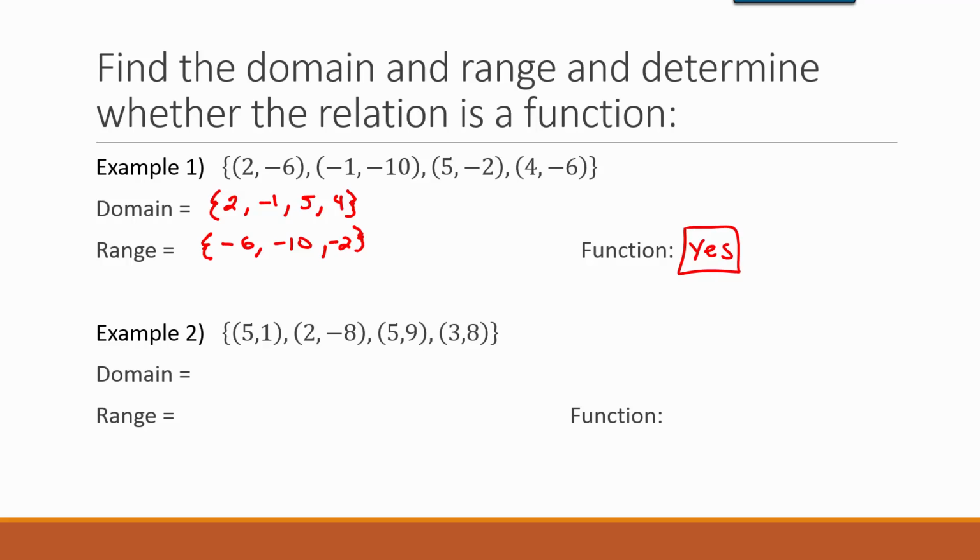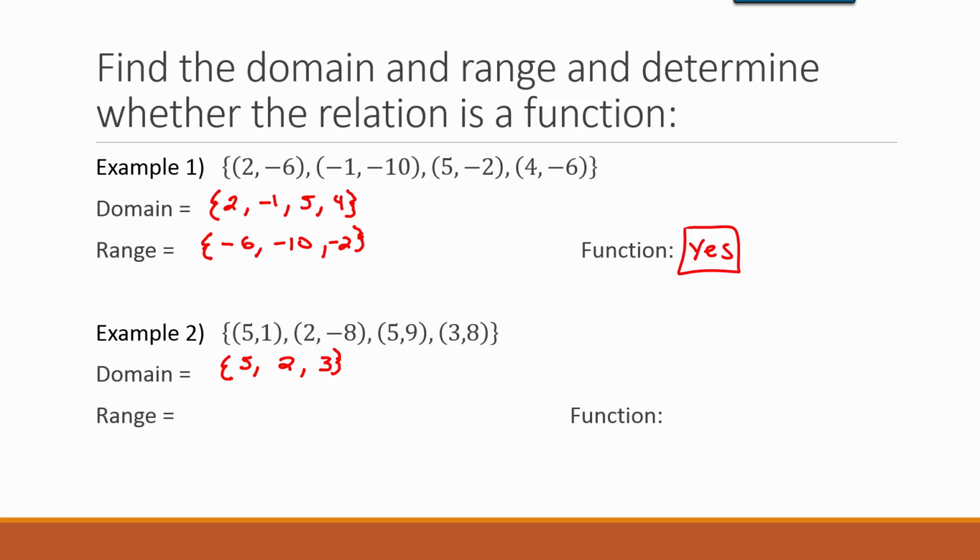Okay, the second example here, we have 5, 1, 2, -8, 5, 9, and 3, 8. So my domain, 5, 2, 5 again, and 3. Now, with me seeing that 5 listed 2 times in my domain, that tells me that this is not going to be a function because 5 is paired with 1, and 5 is also paired with 9.